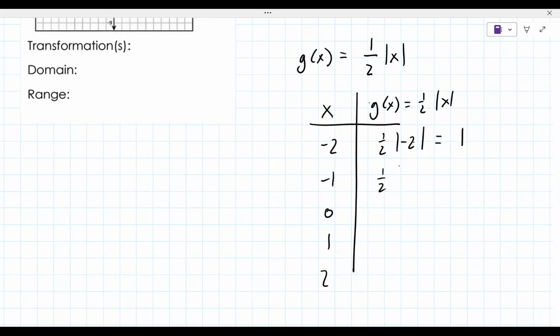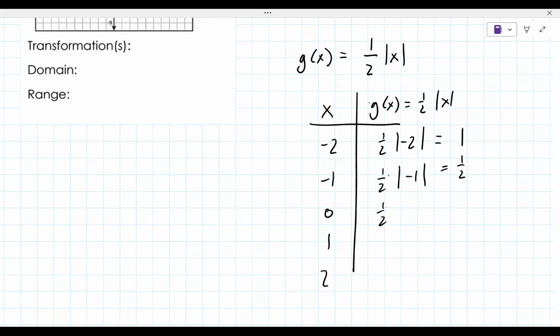But the absolute value of -1, you're putting -1 in for x, is 1, and then half of 1 is half. And so you start to notice that this could be a problem because you have fraction points, and you don't necessarily want fractional points.